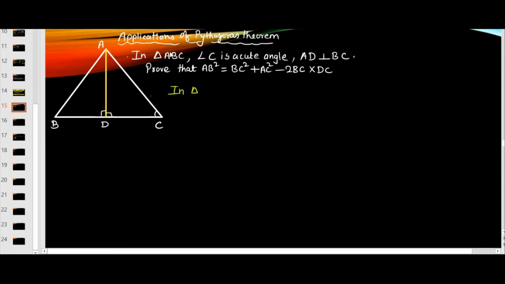In triangle ABC, let's first see what values are given to us. Here there are some values given, so we will write those also.